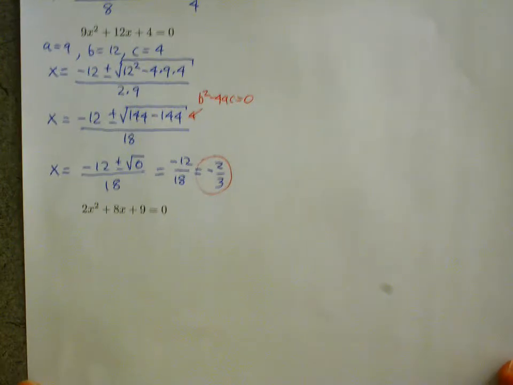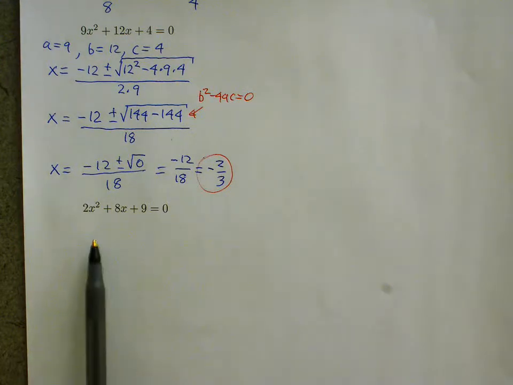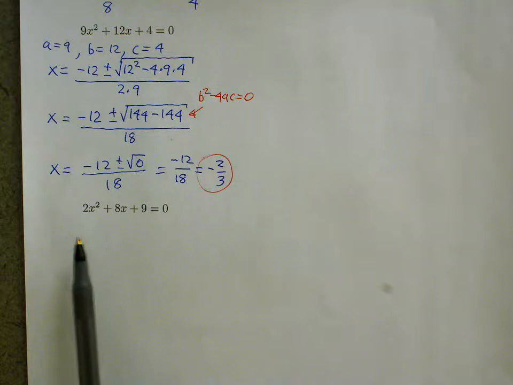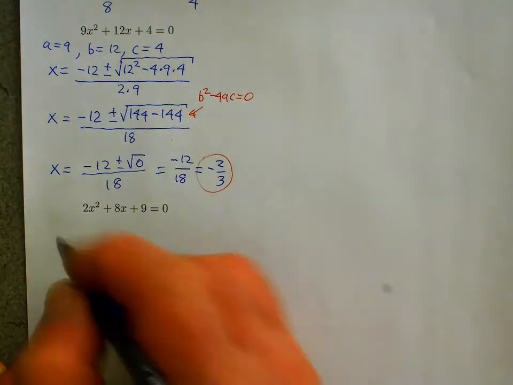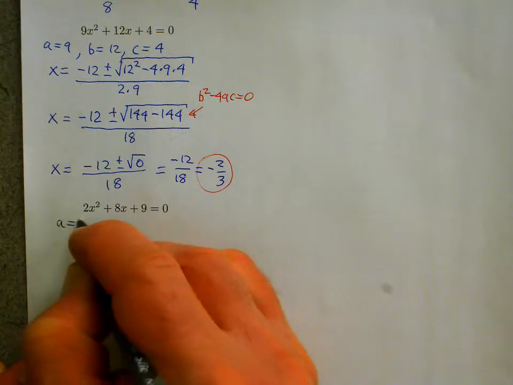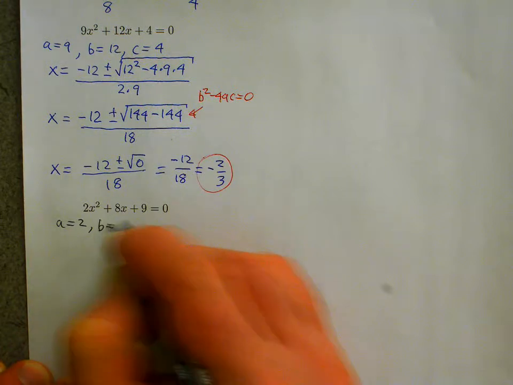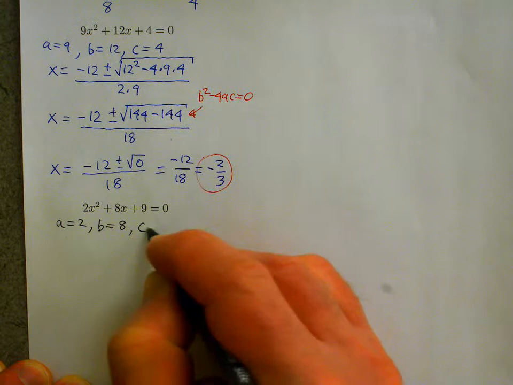Okay, the next problem, let's use the quadratic formula to solve this equation. 2x squared plus 8x plus 9 equals 0. For this one, a equals 2, b equals 8, c equals 9.